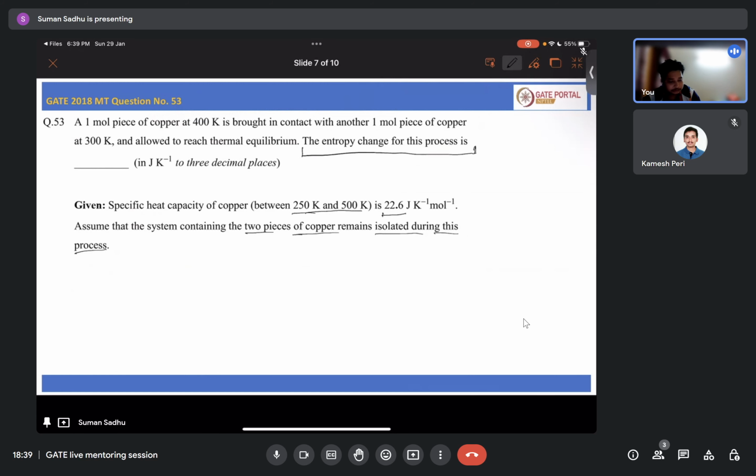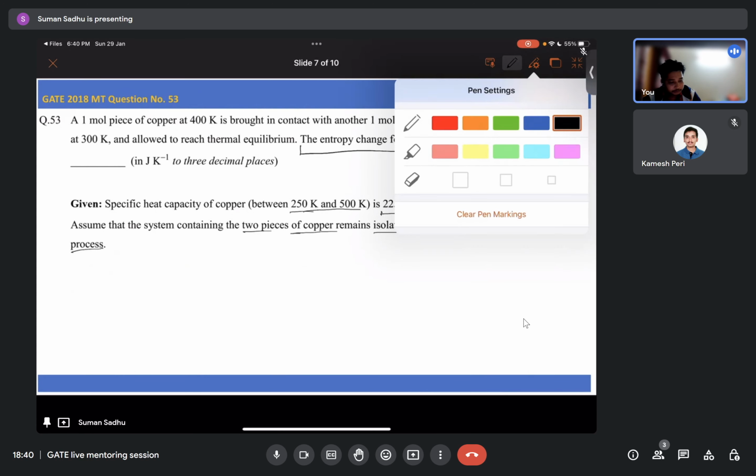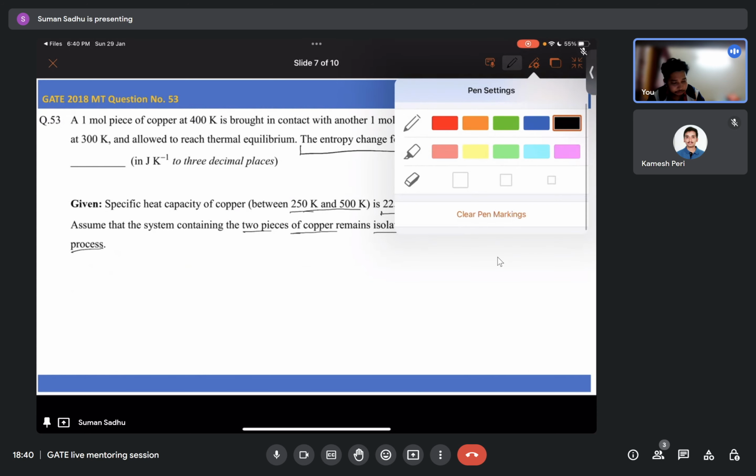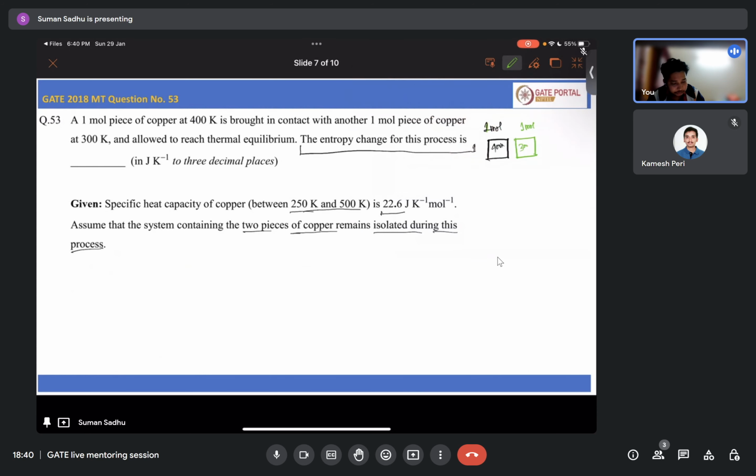Okay, so basically initially you have one block of copper, let's say, and this is the second block of copper. Both are copper, but I'm drawing them in different colors just to show the two different blocks. This was 1 mole, and this was also 1 mole. The first was at 400 Kelvin, and this second block was at 300 Kelvin.